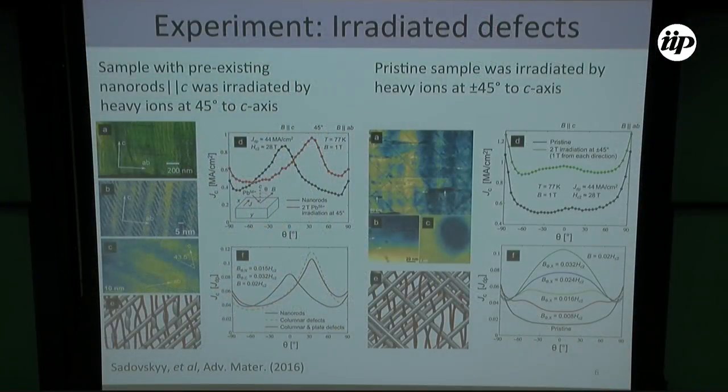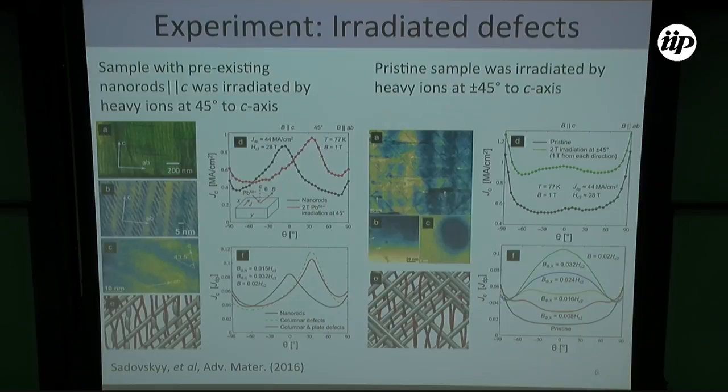So the next experiment also consists of a YBCO superconductor. The first part is a YBCO superconductor with pre-existing nanorods along the c-axis. This superconductor was irradiated by heavy ions at a 45 degrees angle to the c-axis, and we can reproduce the experimental angular dependence of the critical current.